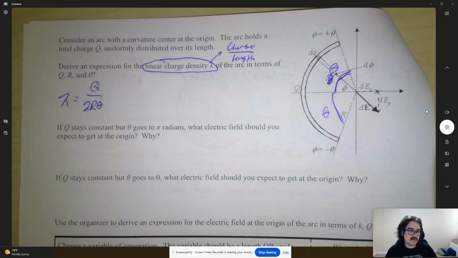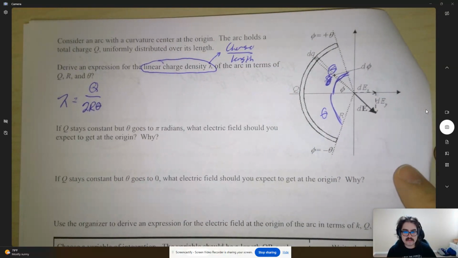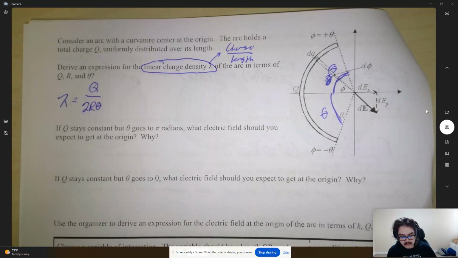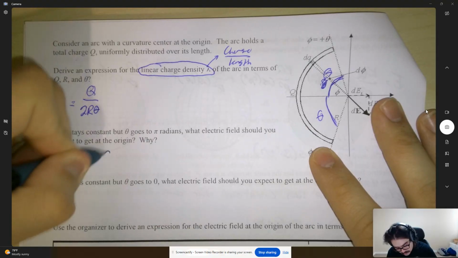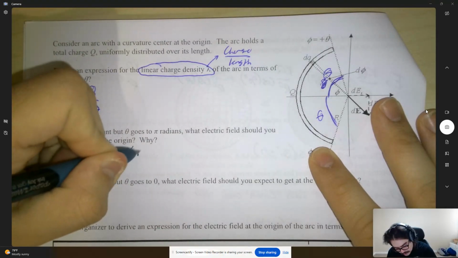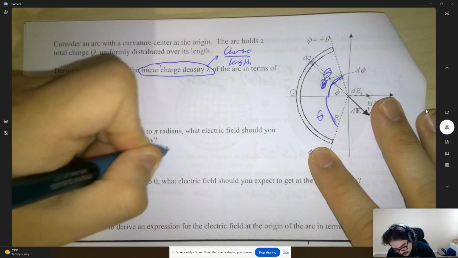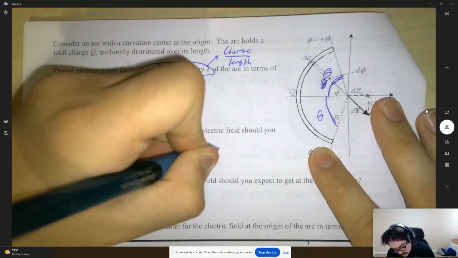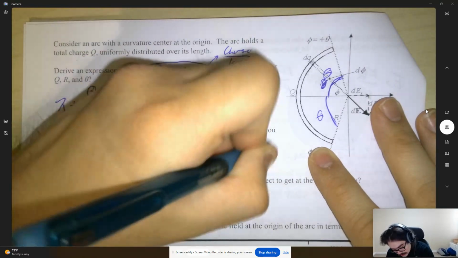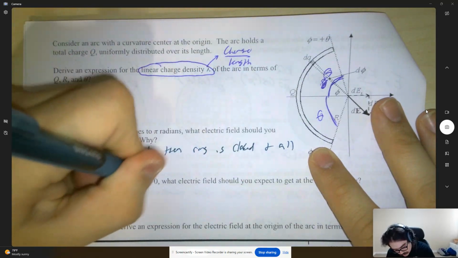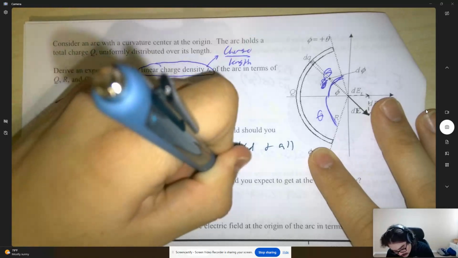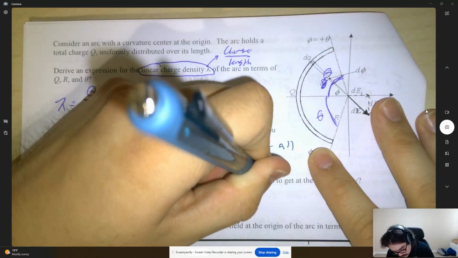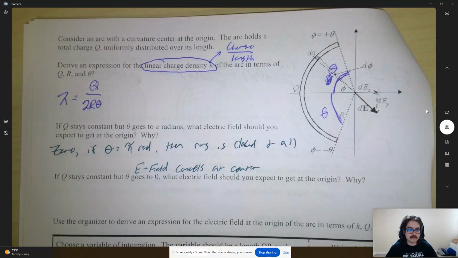You'd have a completely closed ring, and that would have 0 E field at the center of it. So I would say 0. If theta equals pi radians, then the ring is closed and all the E field cancels at the center of the ring.